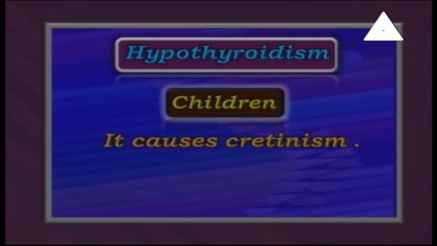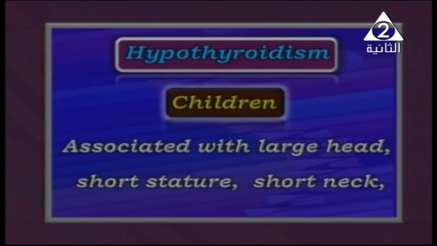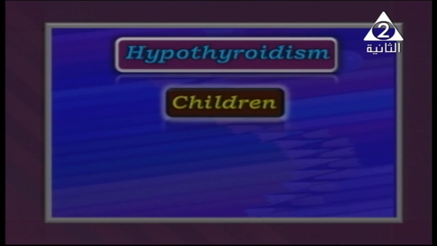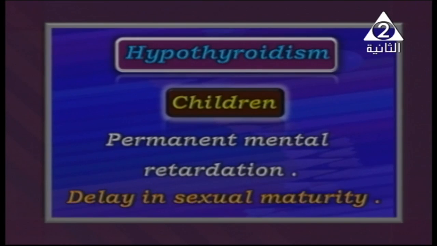Number one, retardation in physiological and mental growth, associated with a large head and short neck, and also permanent mental retardation, and finally delay in sexual maturity. Those are the symptoms or disorders that happen to children as a result of hyposecretion of the thyroxine hormone, which is hypothyroidism in children.